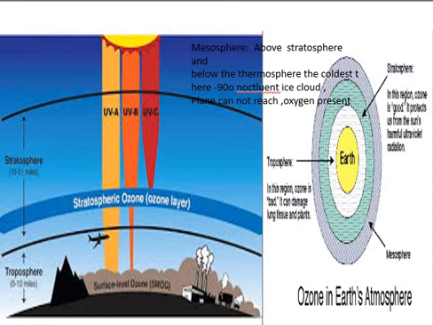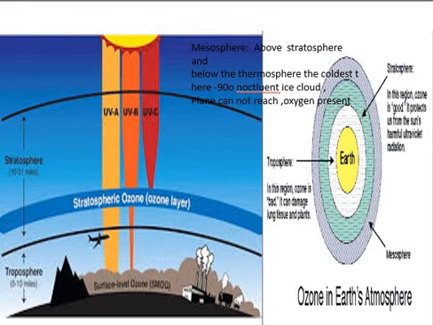This is the stratosphere, troposphere, mesosphere of the Earth, and you see the stratosphere is the layer of the atmosphere where ozone exists, and the ozone layer is found in this layer.